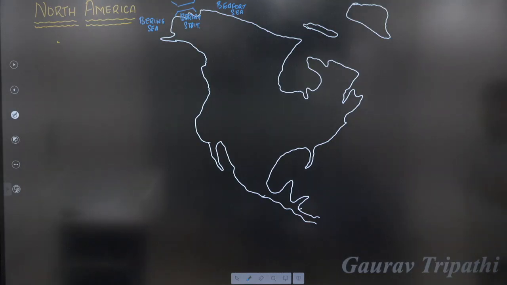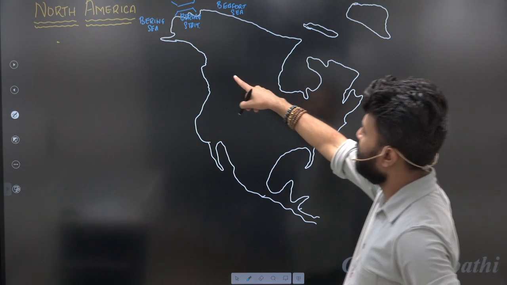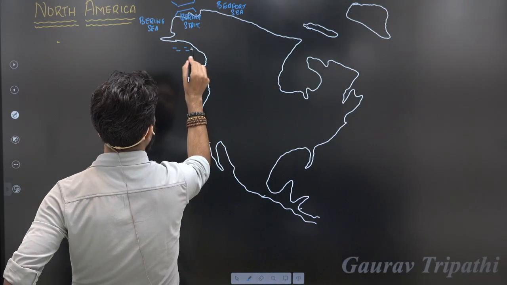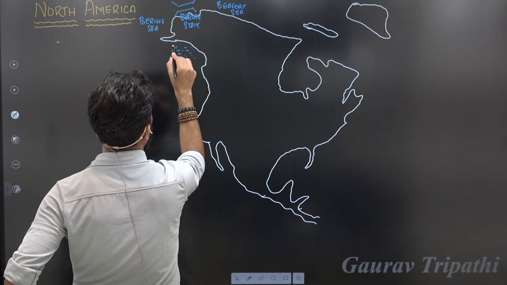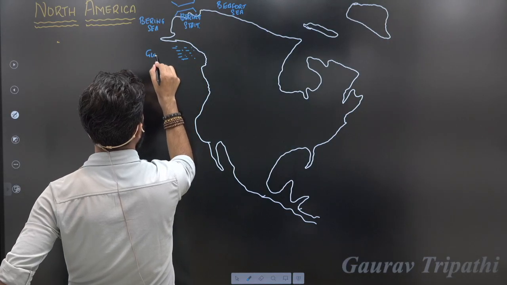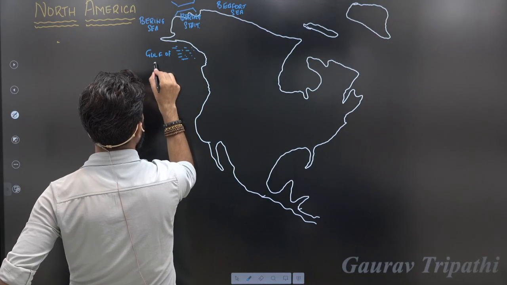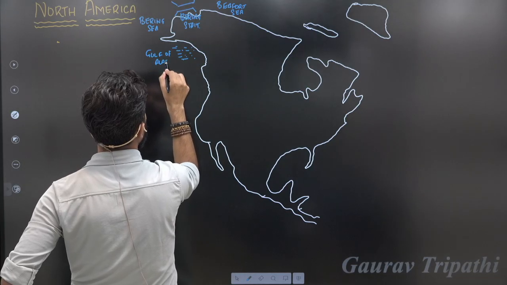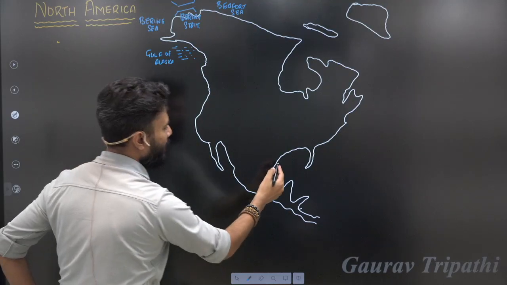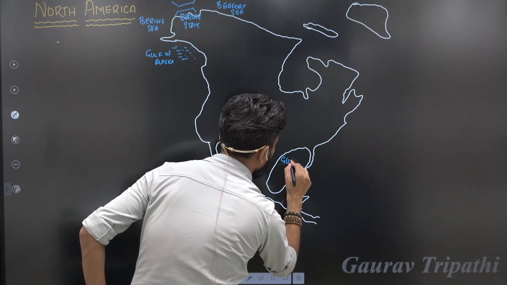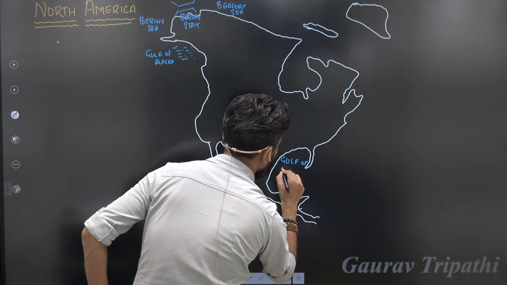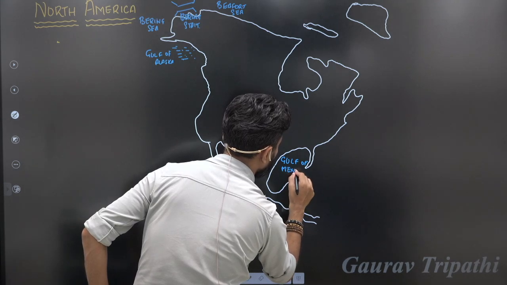After that, near this portion, we have the Gulf of Alaska. What do we mean by Gulf? Similarly, for example, here we are having Gulf of Mexico.